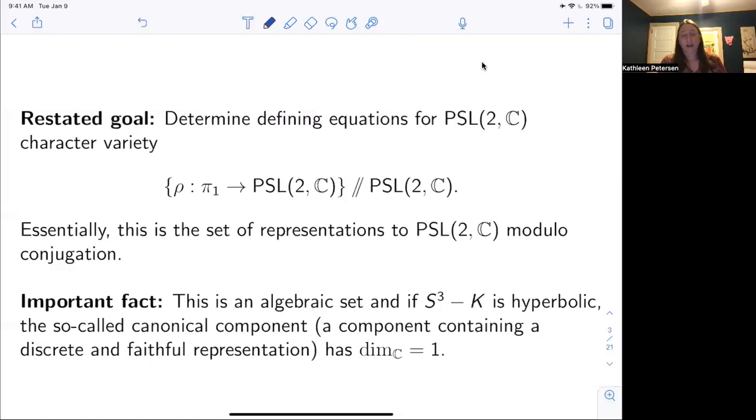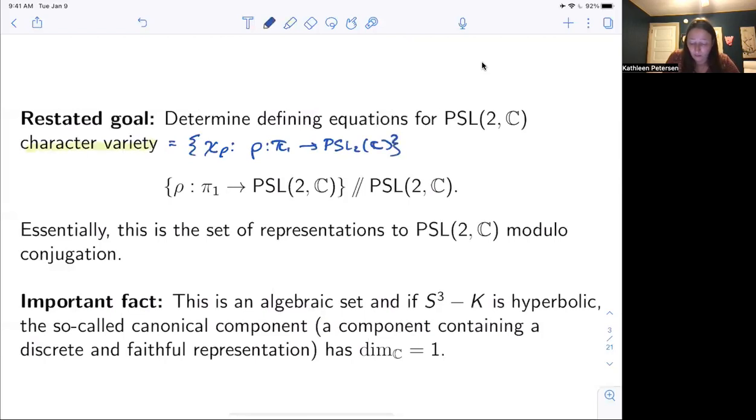So the character variety is essentially the quotient of all representations of the fundamental group of the knot complement to PSL2C up to conjugation. Now, technically speaking, we can just define the character variety as the set of all characters chi rho, such that rho is a representation from pi 1 to PSL2C, where chi rho is a character function.